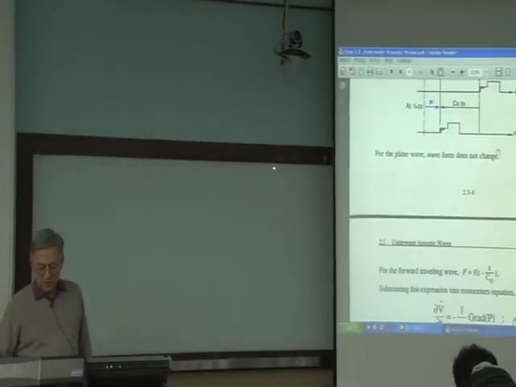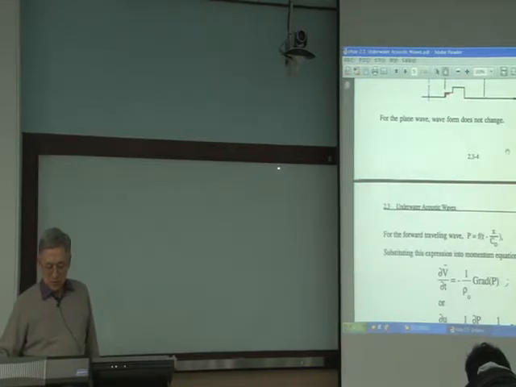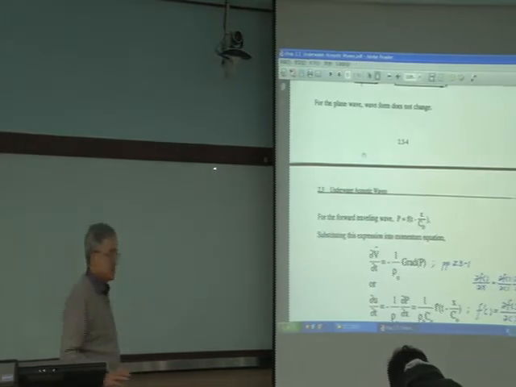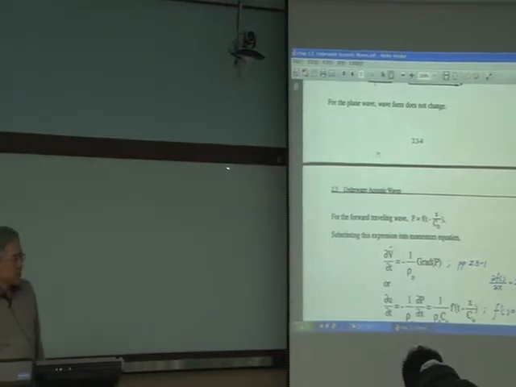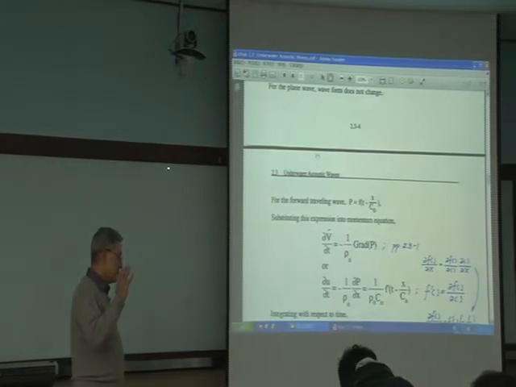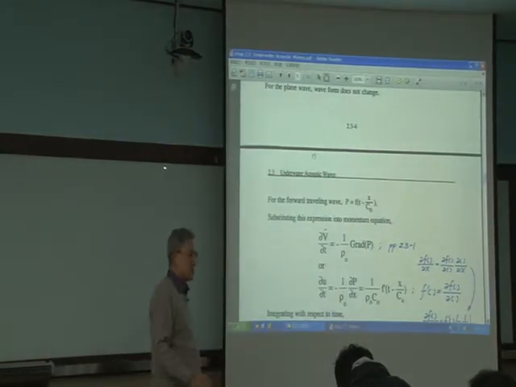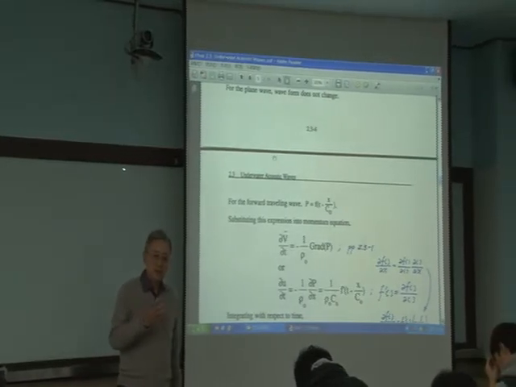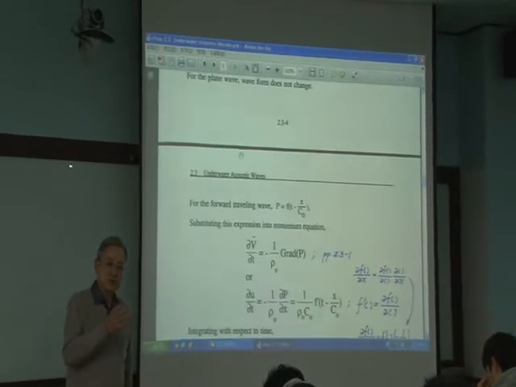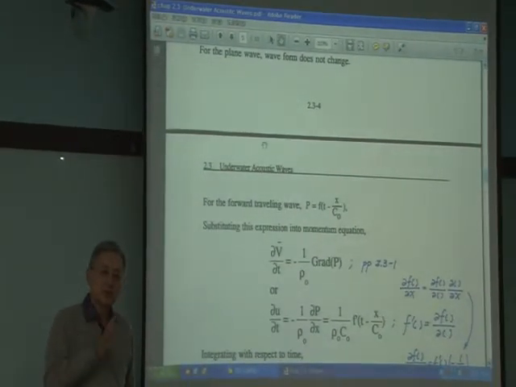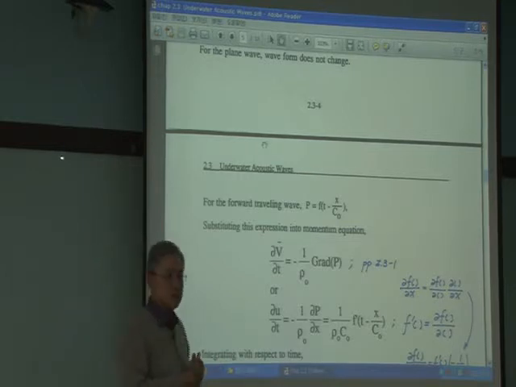Okay, so with that general solution set, now we're going to specialize. We are going to specialize the wave traveling in the forward direction. Explosion occurs, okay? And the incident shock wave is always, let's say, propagating in the radial direction if it's a spherical charge.